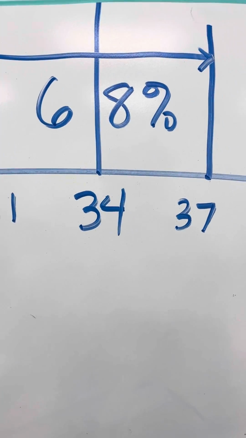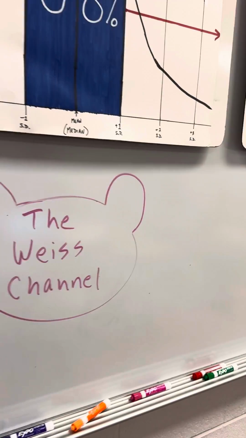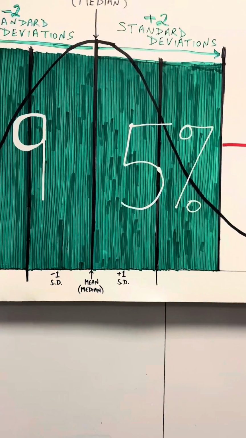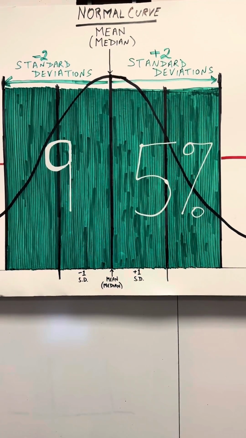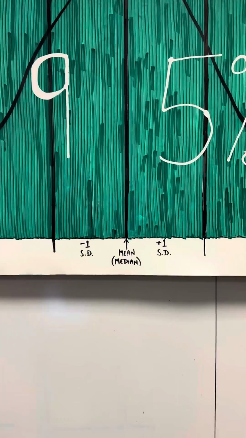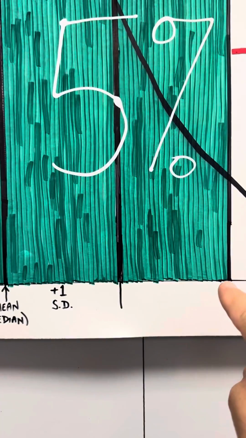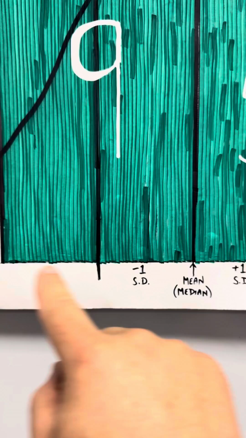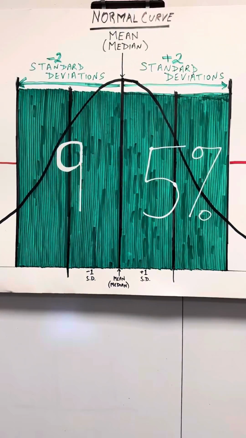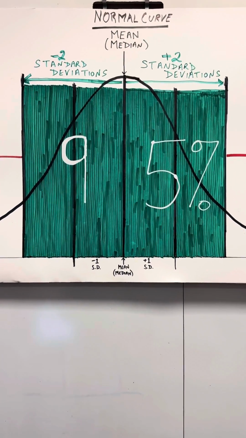That's it. Okay? Now, if you are 2 standard deviations within the mean, 1, 2 to the right, or 1, 2 to the left, that's 95% of the data.